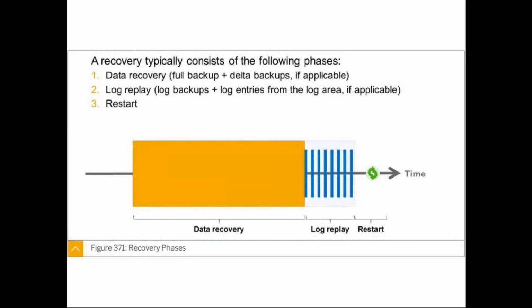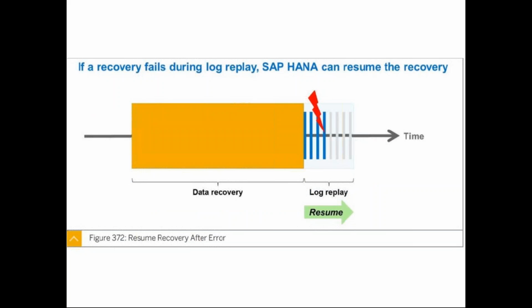But in the new versions, right from SPS 11 onwards, you have a possibility of resuming the recovery in case recovery fails, but that is possible only when the recovery fails in phase 2. So you can read this. If a recovery fails during log replay, HANA can resume the recovery.